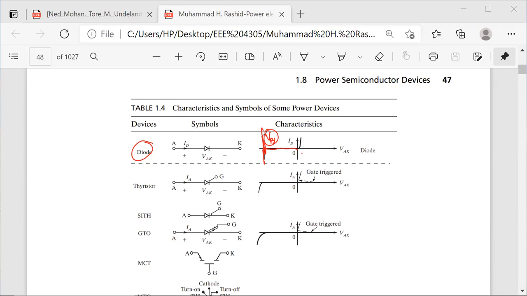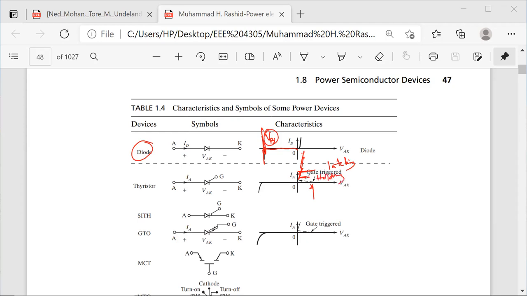Okay. So this is a thyristor. If you apply a gate pulse here, then only the current will go, and it will be turned on. And if you have a latching current, then the thyristor will be turned on. But if you go back, there is another current known as the holding current.